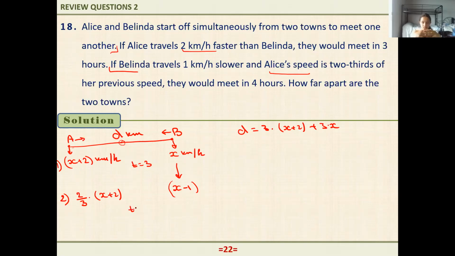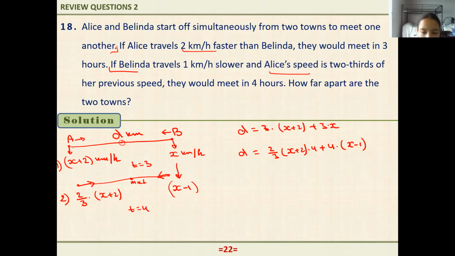They would meet in 4 hours. At this time, t equals 4. Then this distance equals 2 over 3 times (x plus 2), that is speed, times time, which is 4 hours, plus the second one, 4 times (x minus 1). Because they are moving towards each other from town A to town B. After 4 hours, they meet each other somewhere here, at the meeting point.